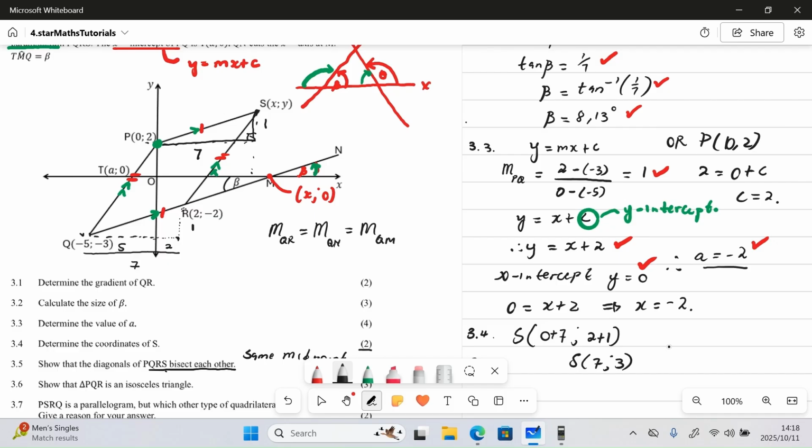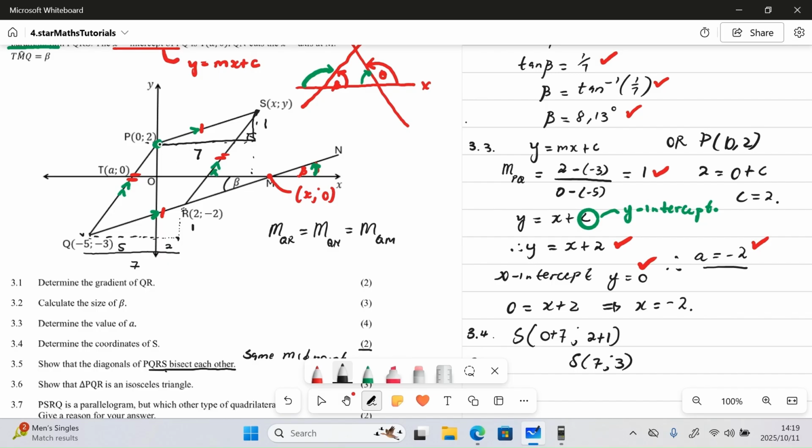So it's the concept of a parallelogram. If it's a parallelogram, I repeat, it means that QR is equal to PS, meaning the distance of QR is the same distance as PS. Moving from Q to R is the same as moving 7 units to the left and 1 unit up.